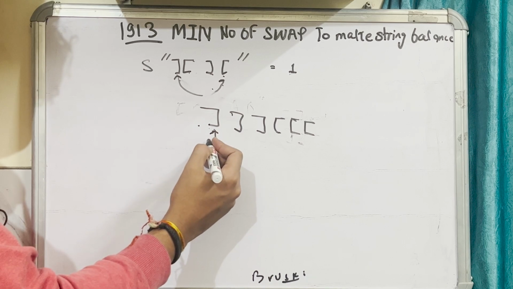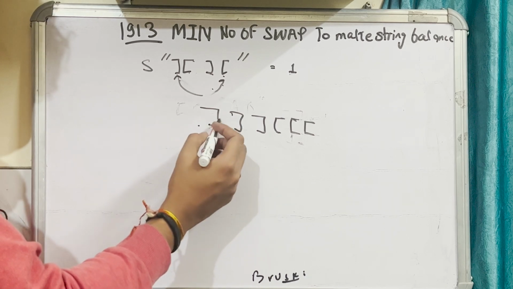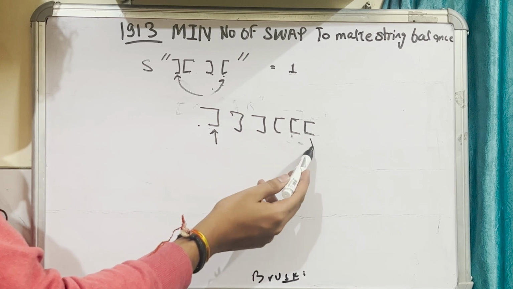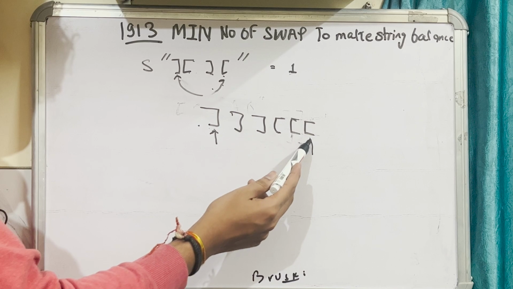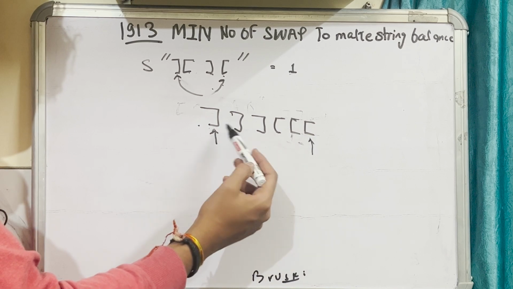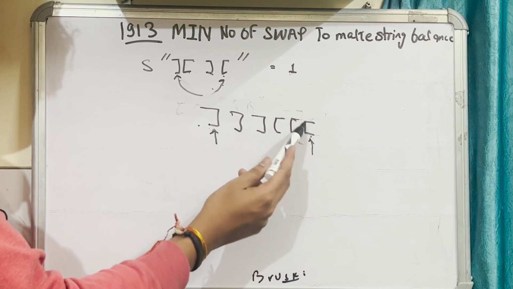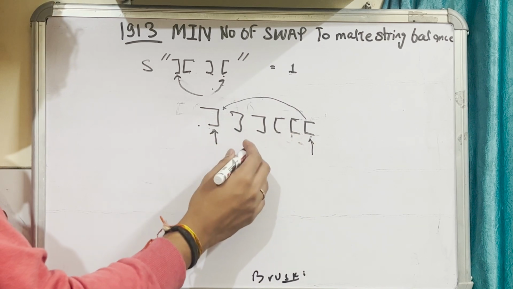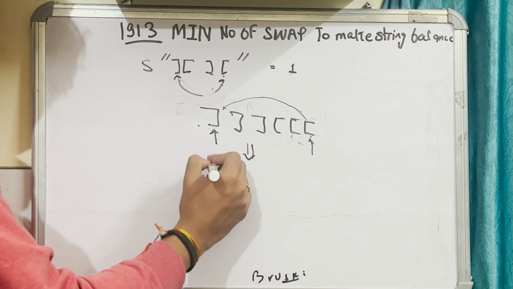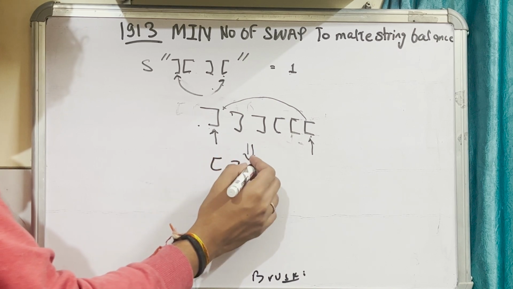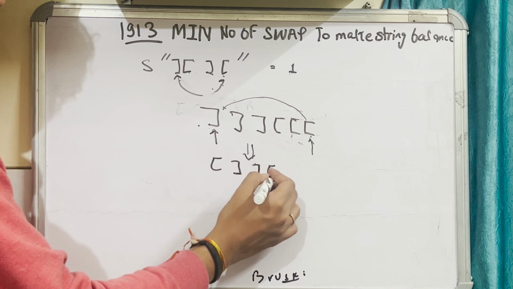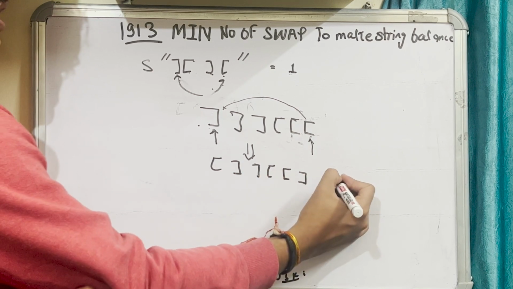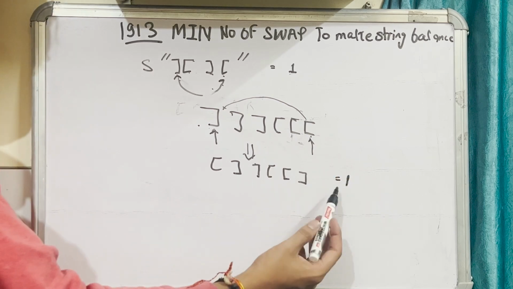If you can get an opening bracket here, as you need an opening bracket, you bring this here. So it will turn into this. You did one swap, so count is 1.